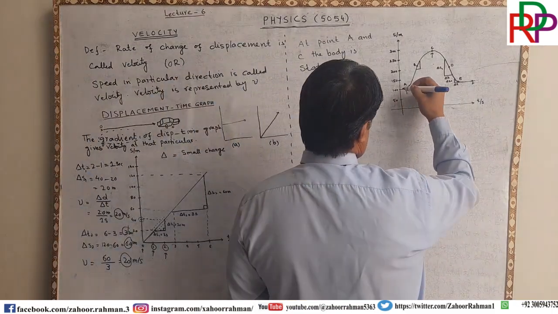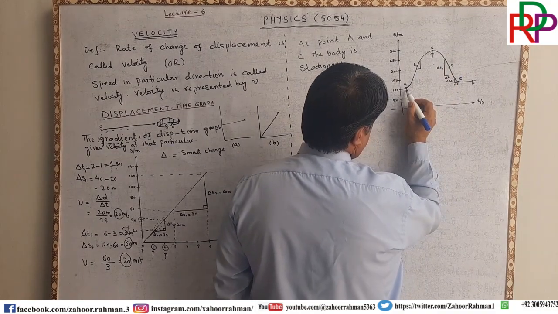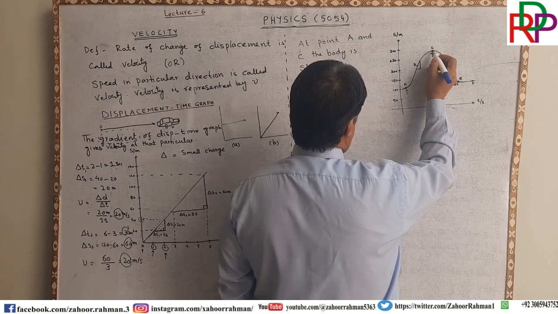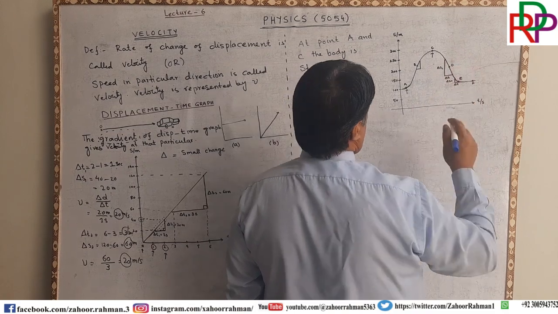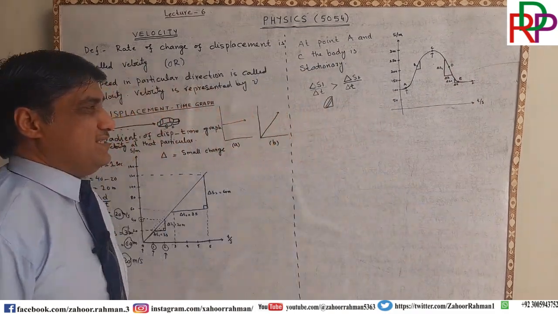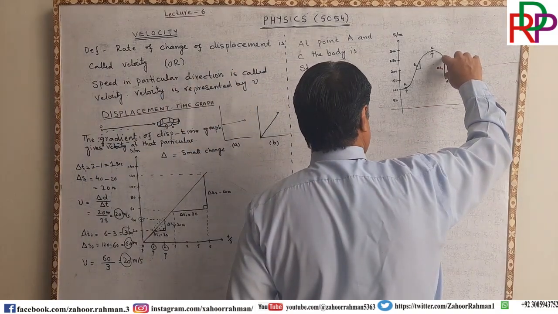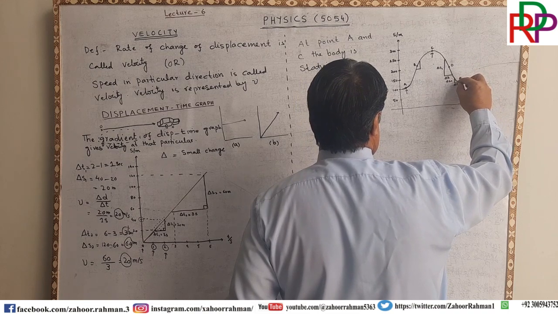In this case, it is increasing uniformly. At A, it is stationary. At B, it stops momentarily. And then it is coming down with reduced velocity. Here, the reduction of the velocity is greater than at this E point.